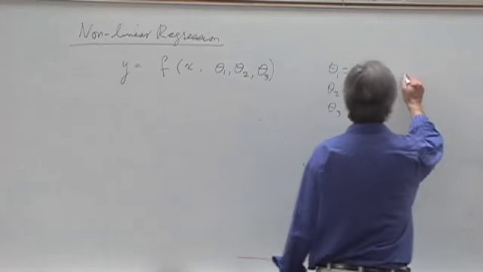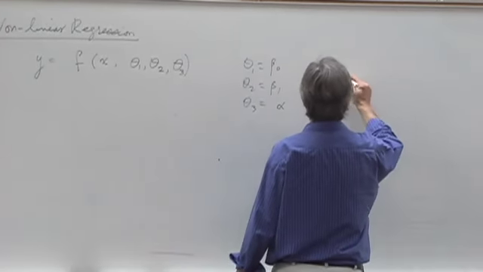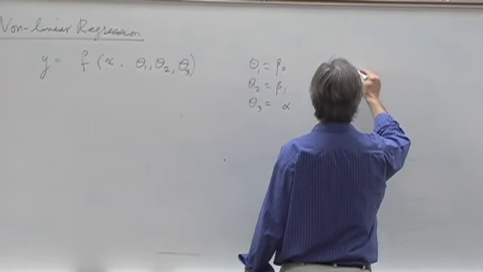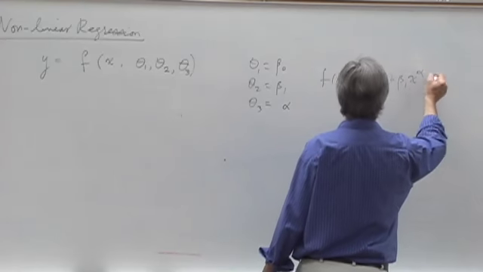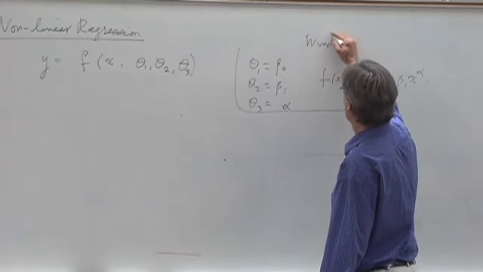And I have the regression function f of x and theta equals beta 0 plus beta 1 x to the alpha. That's what we were considering there. So this is the windmill example.